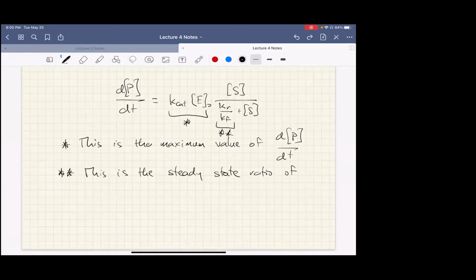Of products E and S to ES. This is also called, this has a special name, it's the dissociation rate, or the dissociation constant.